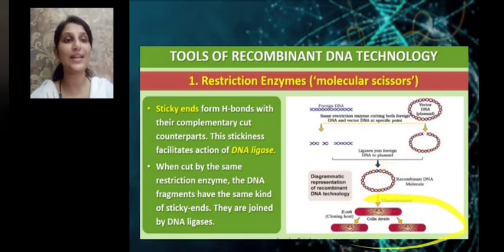Imagine this host is a bacterial cell, E. coli. When this recombinant DNA is introduced into a host, its phenotype gets transformed, and thus it is called a transformant. That is, a host has got transformed due to receiving the recombinant DNA.